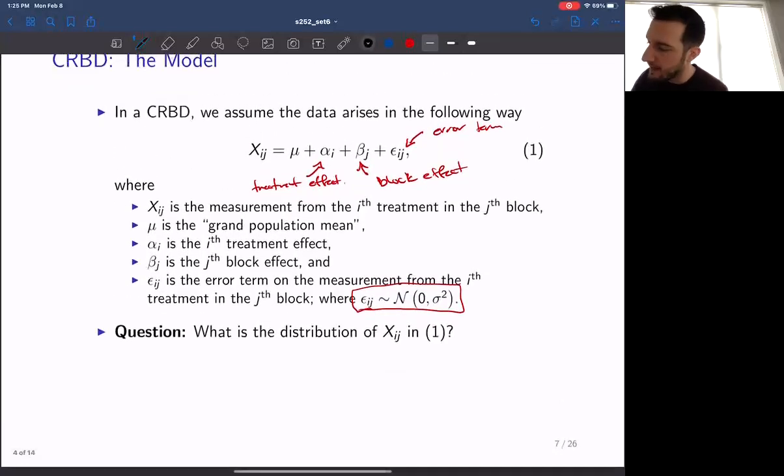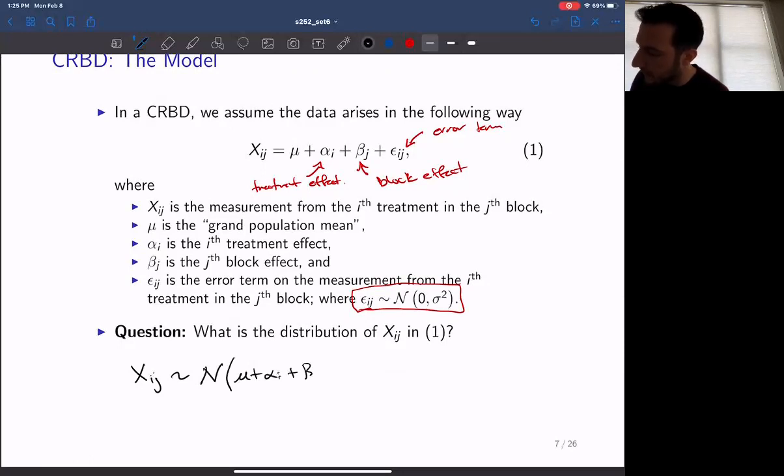So we can say, based off of equation 1, that every observation follows a normal distribution with a mean that corresponds to the block and the treatment that it belongs to and has constant variance.